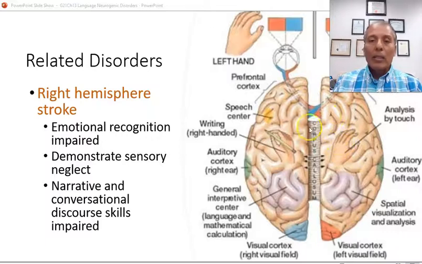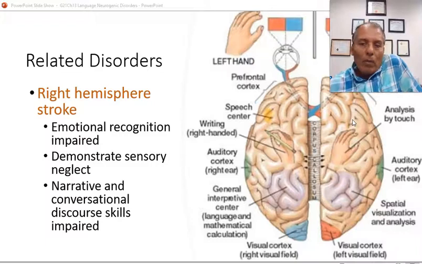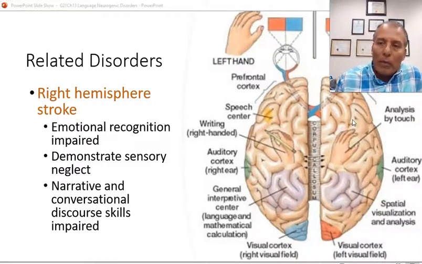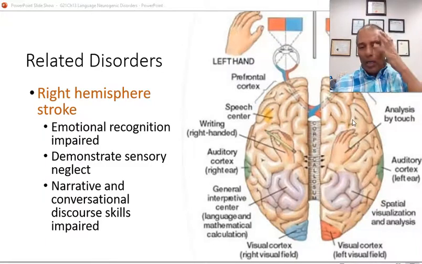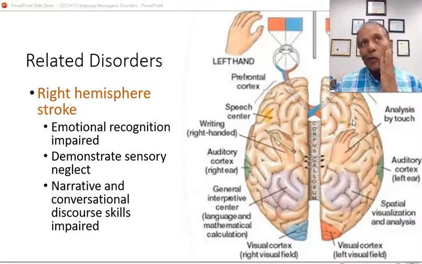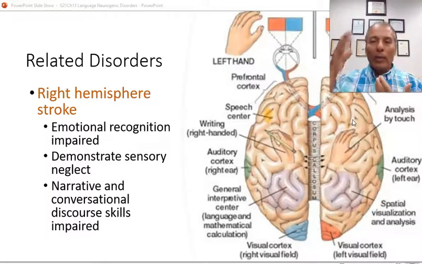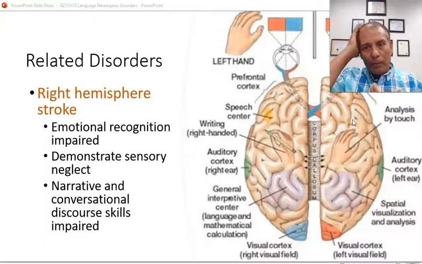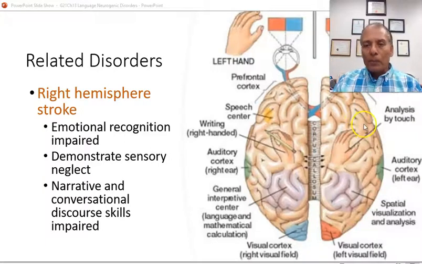And the opposite is true. If there's damage in the right hemisphere, you can immediately tell when you look at the person if their left arm is paralyzed, the left leg is weak, the side of the face is kind of loose. All of this would mean that the stroke is in the right hemisphere of the brain.